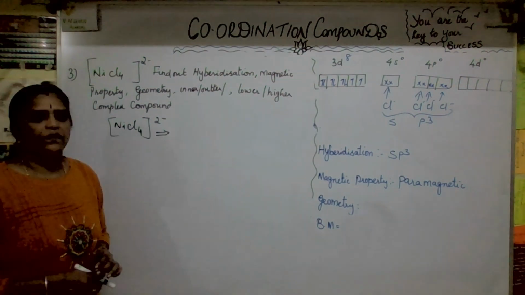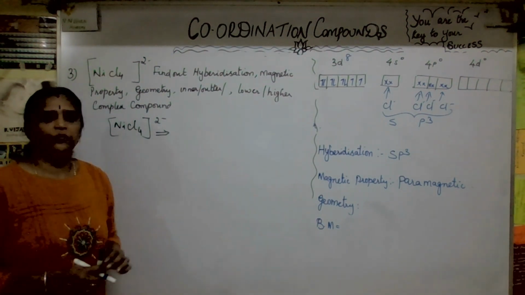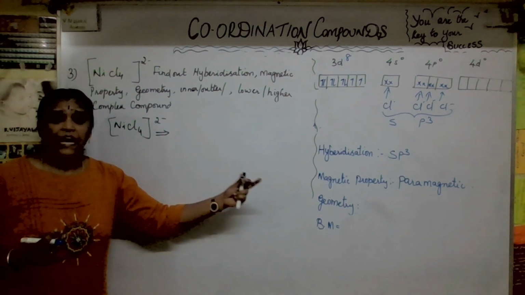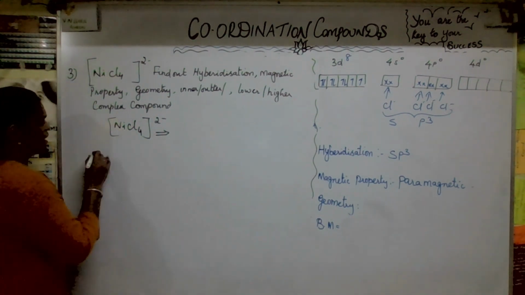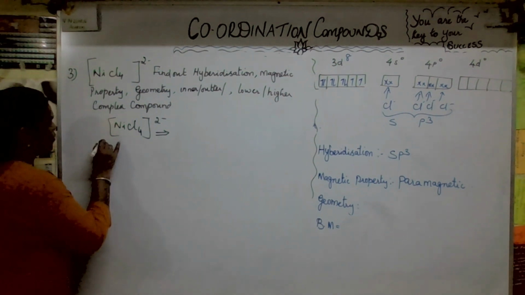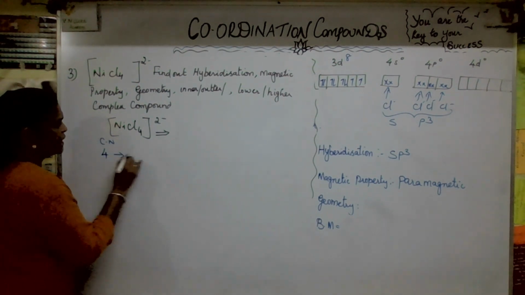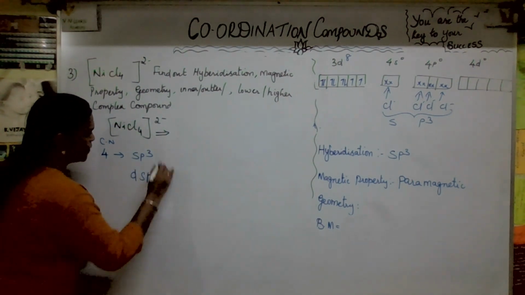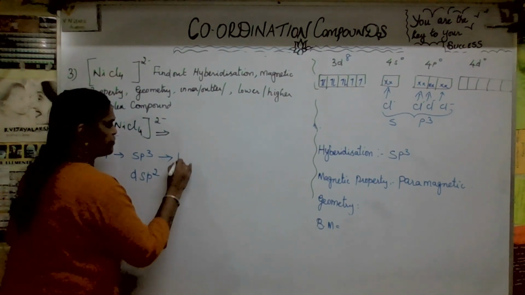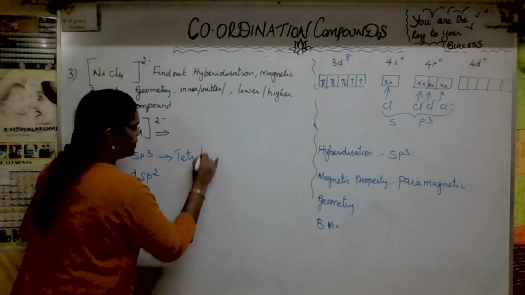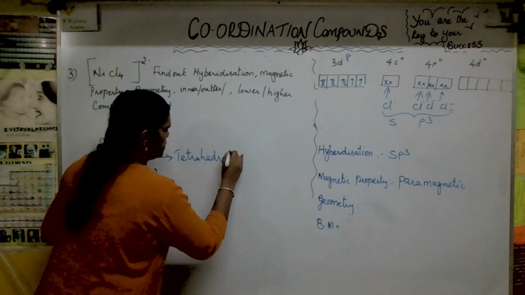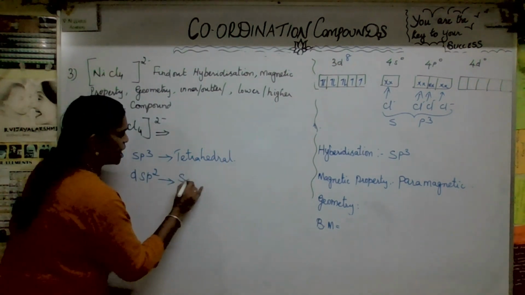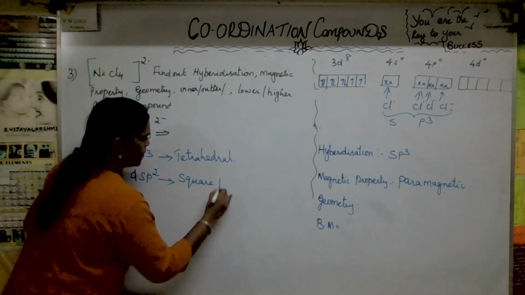Okay. For the geometry, I would like to give one small trick. According to the coordination number, after that hybridization and geometry. Coordination number 4 means sp3 or dsp2. What is the geometry you can find? sp3 means tetrahedral. Now dsp2 means square planar.